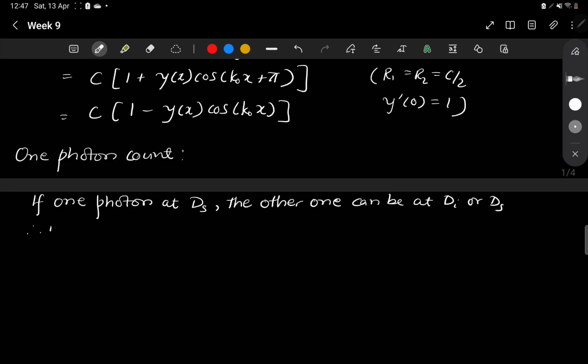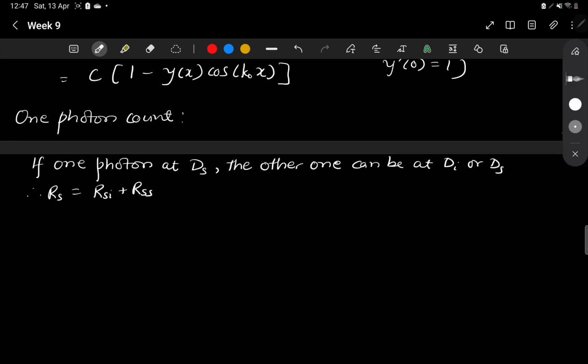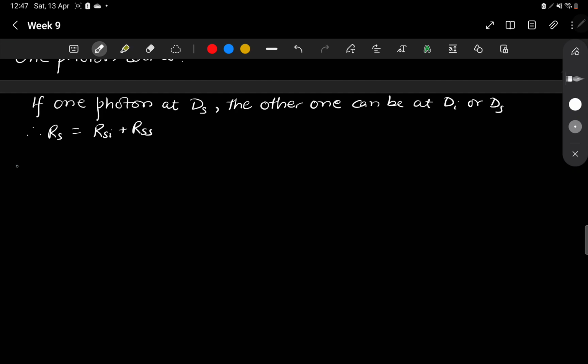So this means that the one photon count rate Rs will be Rsi plus Rss. That means one going to signal and idler detector, and in this alternative both photons going to the signal detector. And let us draw the alternatives for RSS.